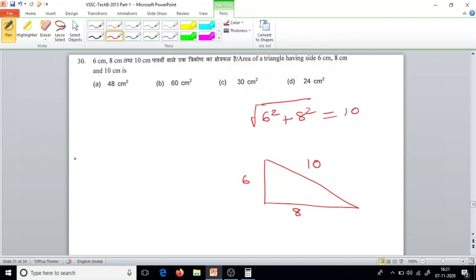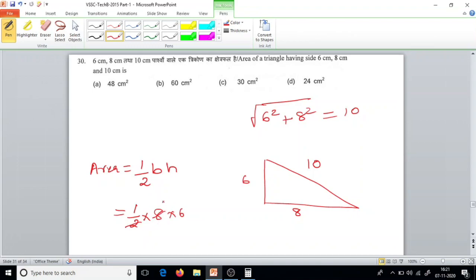So we have to find the area. What is the equation for area? Area equals half base into height. If we interchange these two values, nothing happens. So 1 by 2 multiplied by B. The base here is 8, height 6.